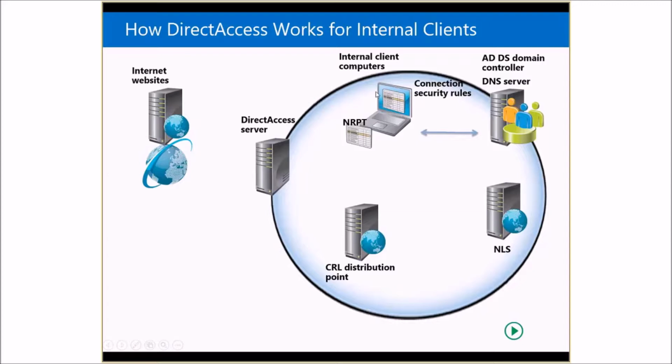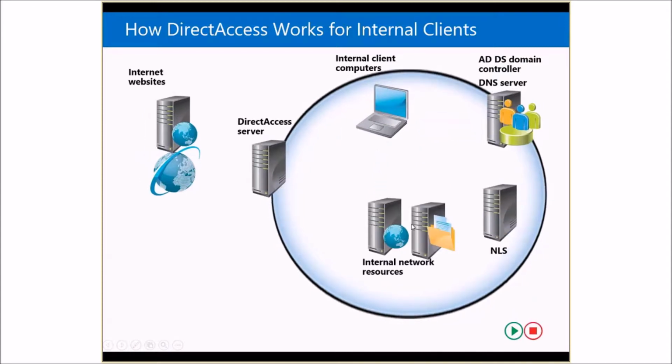So when our computer wants to access resources on the internet, it checks with the Active Directory server for connection security rules, then uses the network location server and the CRL distribution point, and then finally communicates with the internet or resources on the internet.